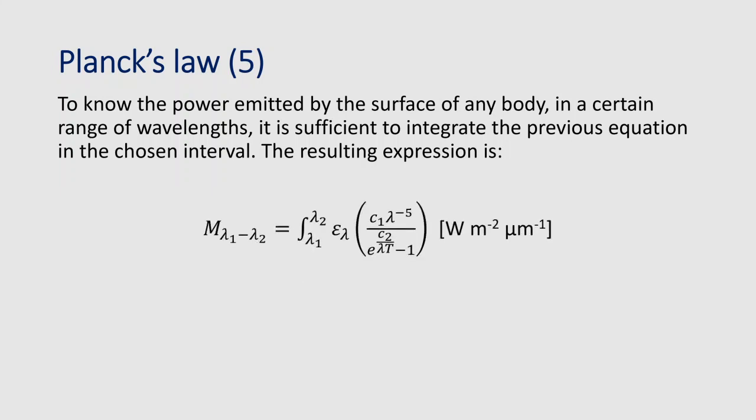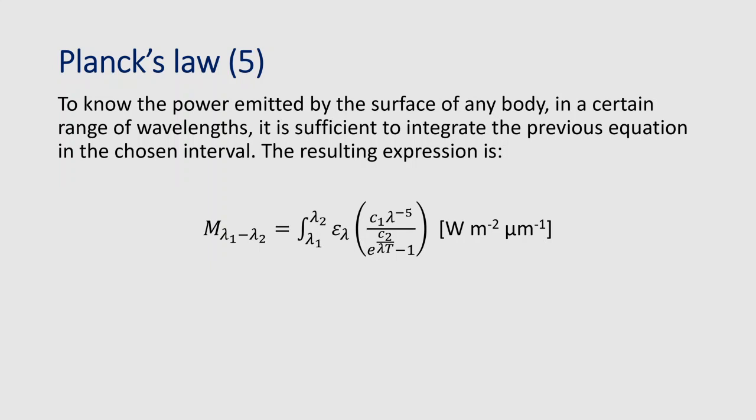If you want to generalize that in order to understand how much energy, for example, is emitted by the sun in a range of wavelengths comprised between lambda 1 and lambda 2, and for example we want to understand how much energy the sun is emitting in the visible, we can calculate this emissivity between 0.4 and 0.7 microns, using as temperature the temperature of the sun, as we will see in the next lecture, approximately ranging from 5,000 to 6,000 degrees Kelvin, and we can understand how much energy the sun is emitting.